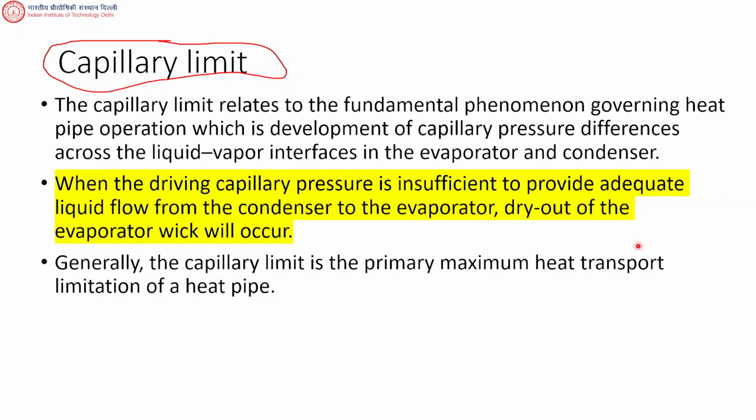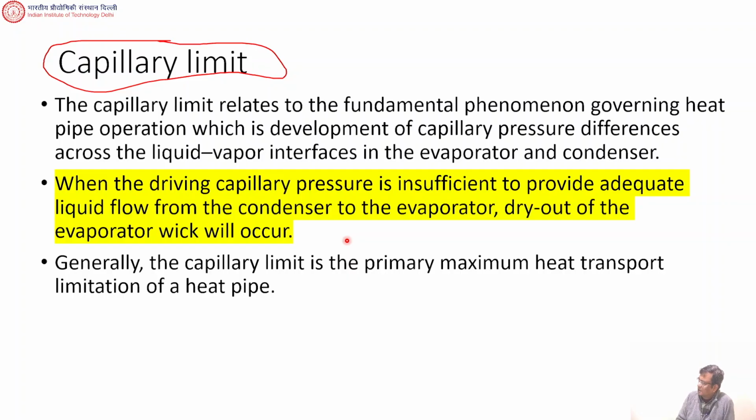Capillary limit relates to the capillary pressure difference. And this is the main point: the driving capillary pressure is insufficient to provide adequate liquid flow from the condenser to the evaporator.